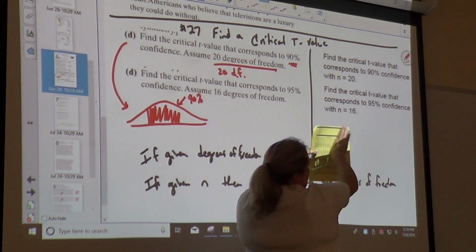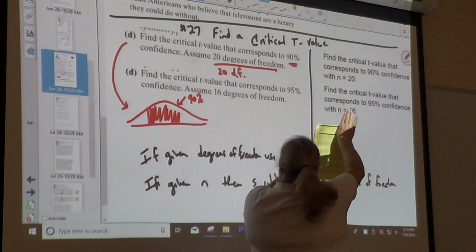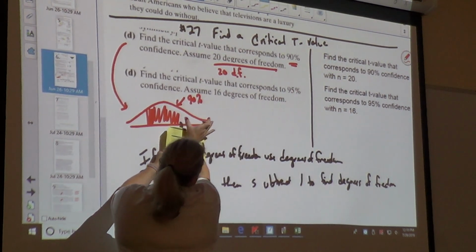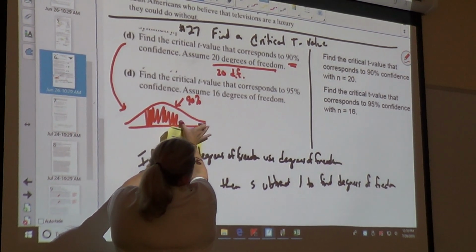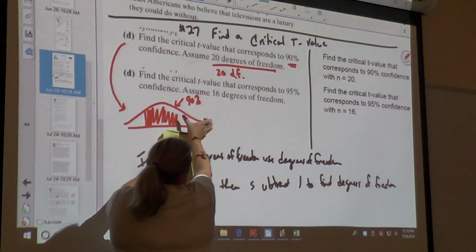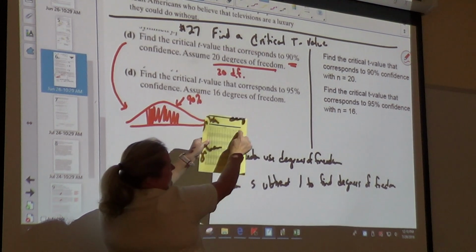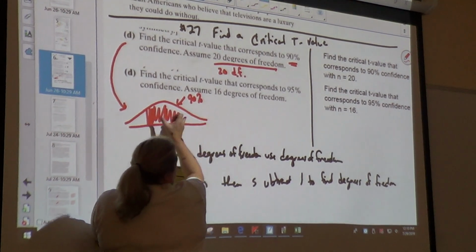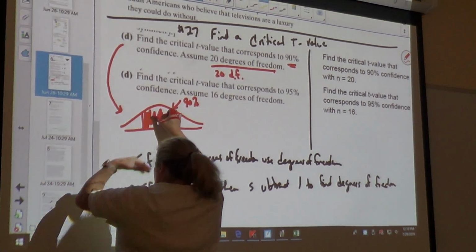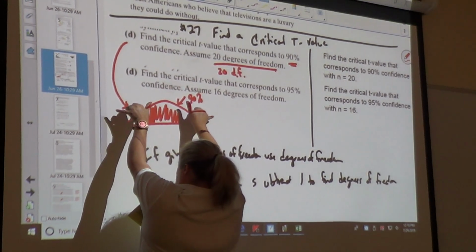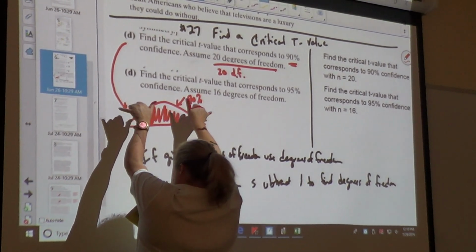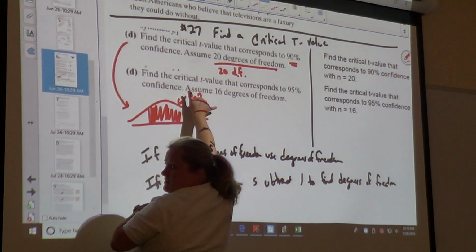So when we're looking at here, we're looking at the area to the right. So that means I need to know this area. I don't need to know the middle part, I need to know this area. So if you look up here, it says the area in the right tail. So if this is 90%, what are these two together? 10. So what is this one? 5.